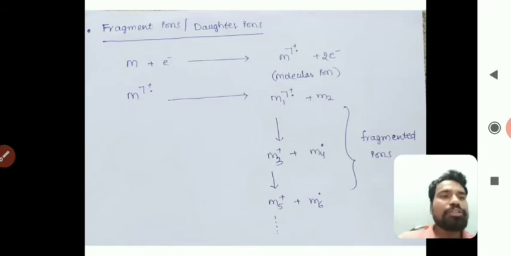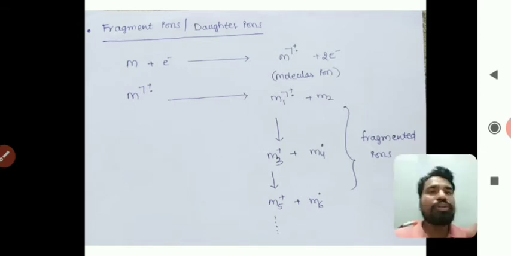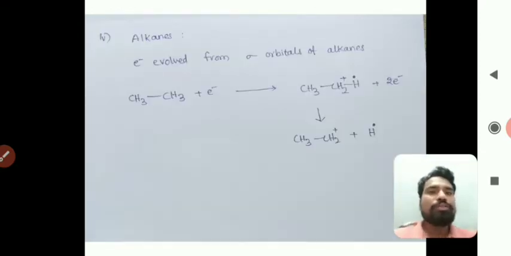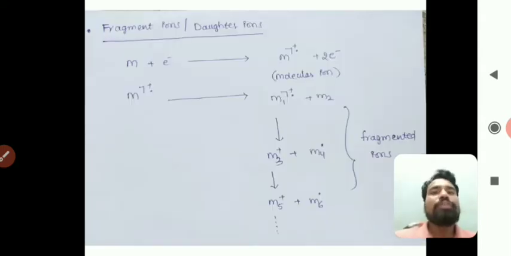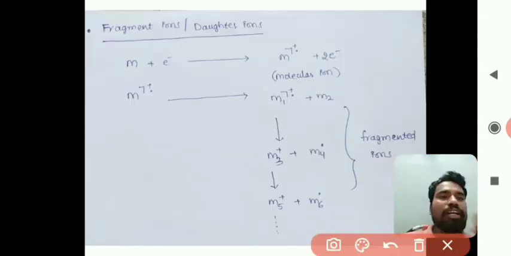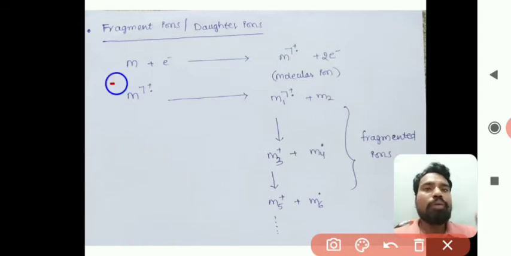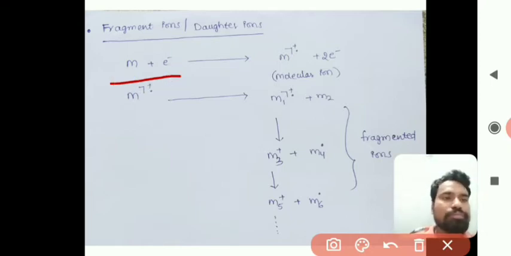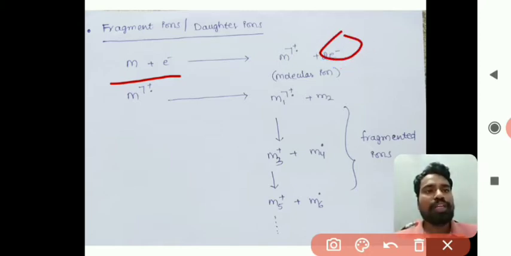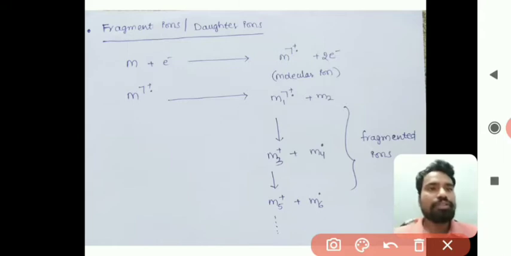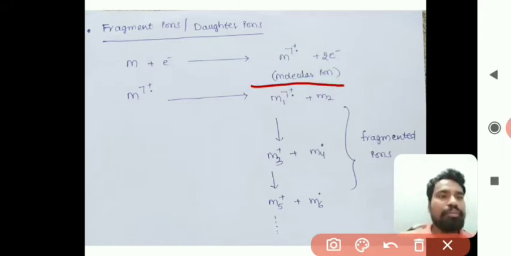When an organic molecule is bombarded with an electron, it forms a molecular ion, that is nothing but a radical cation, plus 2 electrons, as we know.